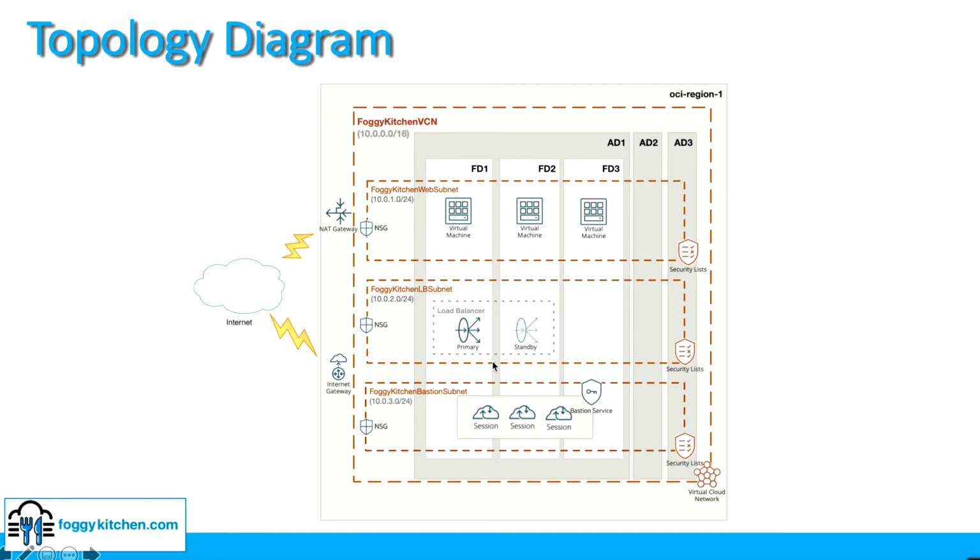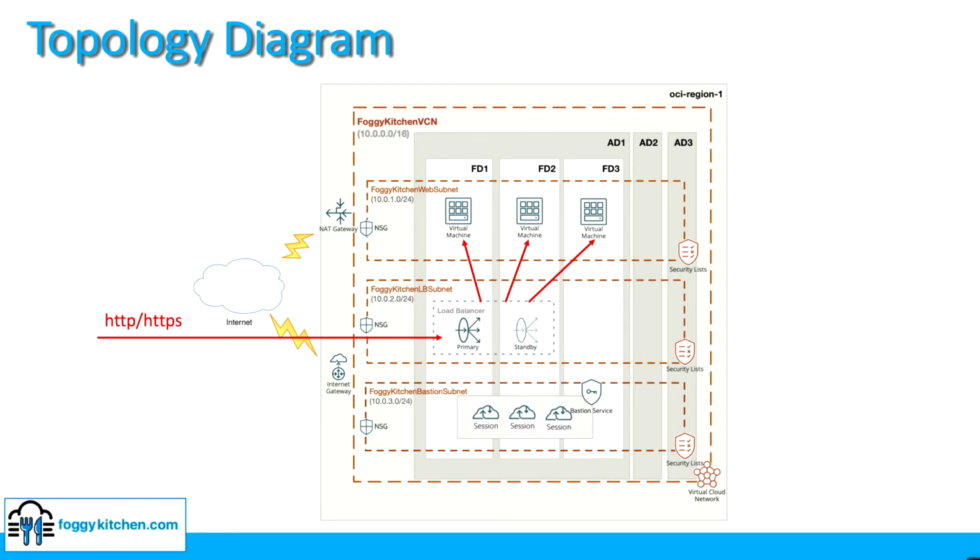We additionally have a load balancer public subnet, which is exposed to the public internet, and we can access web server content through HTTP and HTTPS protocols, and our load balancer will route the traffic directly to our web servers.